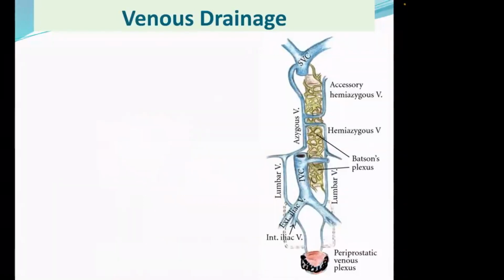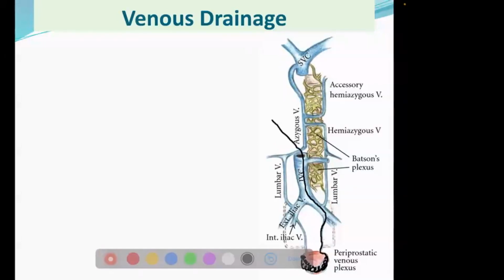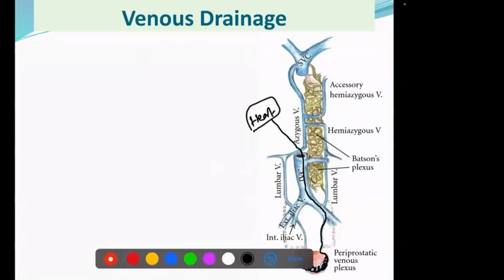Normally the blood from the prostate goes back to the internal iliac vein, then to the common iliac, to the inferior vena cava, and from the inferior vena cava, obviously it goes to the heart. From the heart, it goes to all the organs, and the first organ to get it is the lung.